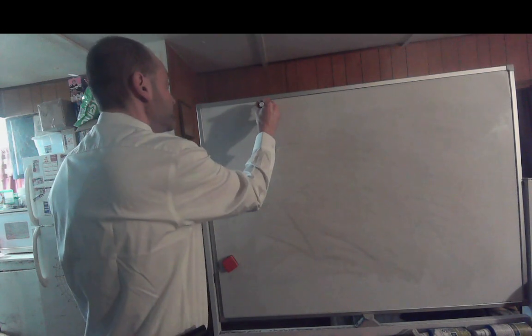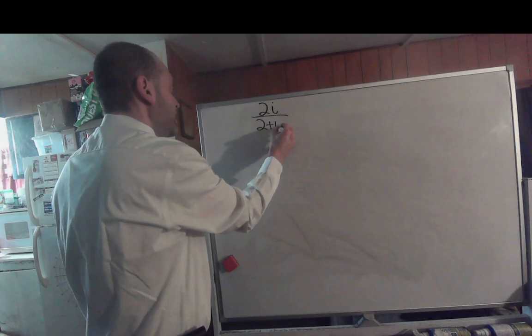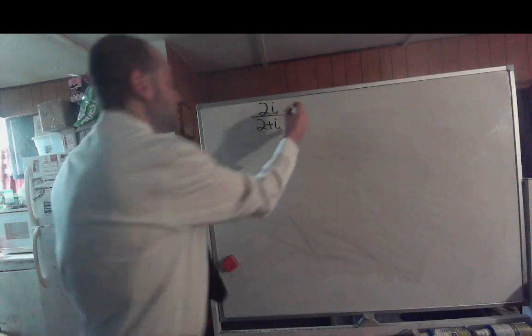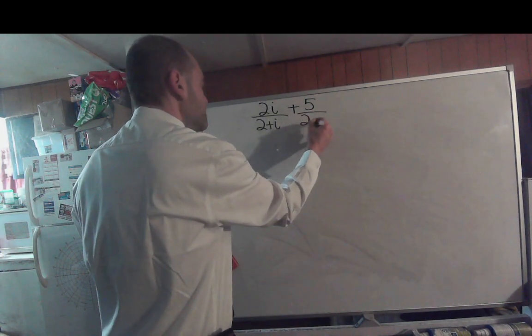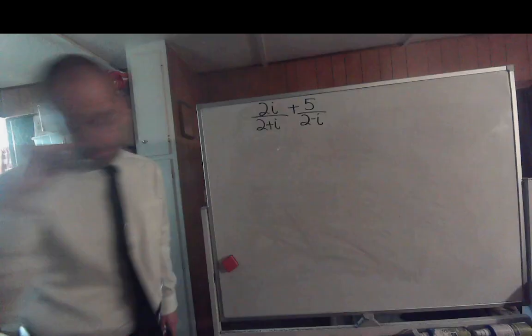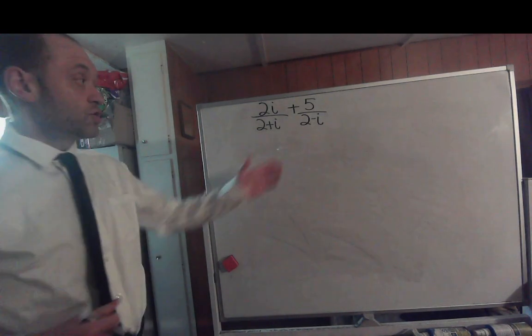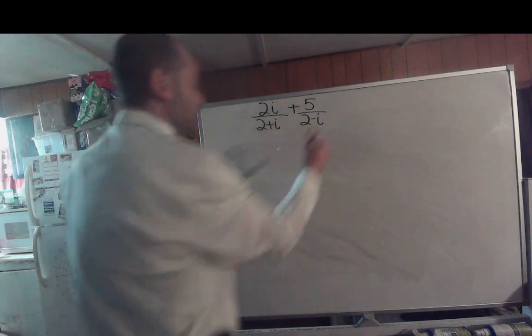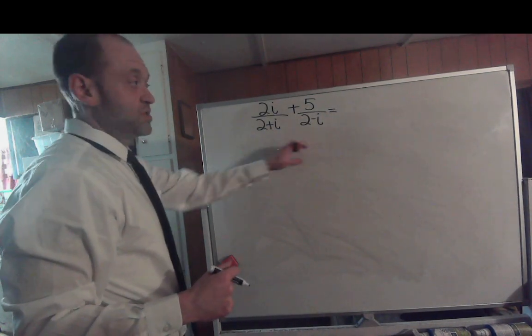All right. So let's see, we have 2i over 2 plus i plus 5 all over 2 minus i. Well, again, we want to get the same common denominator, so your common denominator will be 2 plus i times 2 minus i.